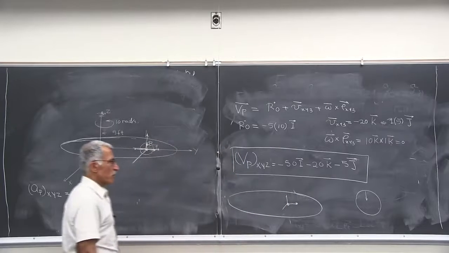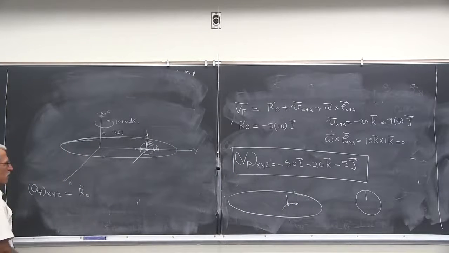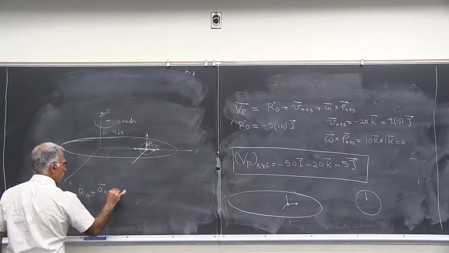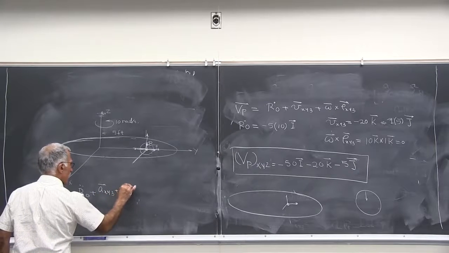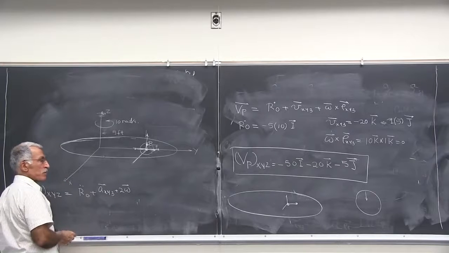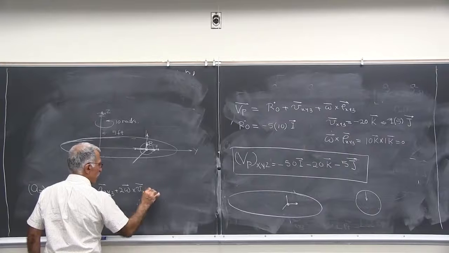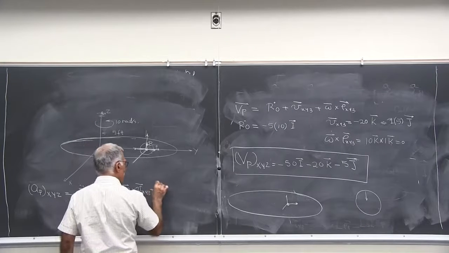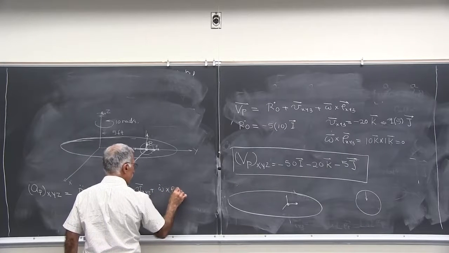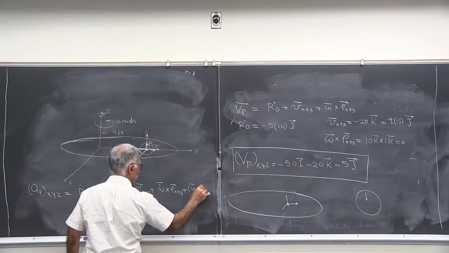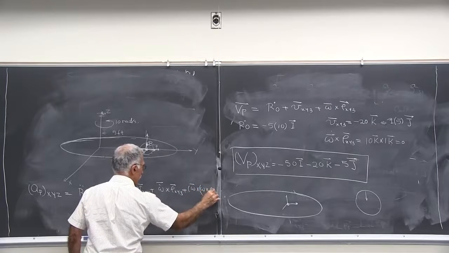Forget about disk and so forth. What's the acceleration of that one? Plus AXYZ, plus 2 omega, which is my auxiliary reference frame being twisted, times VXYZ, plus omega dot times rho XYZ, plus omega times omega times rho XYZ.